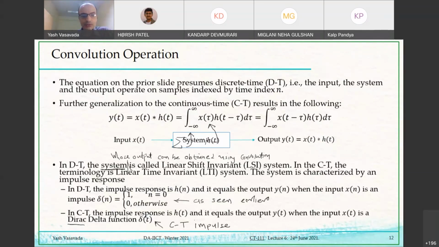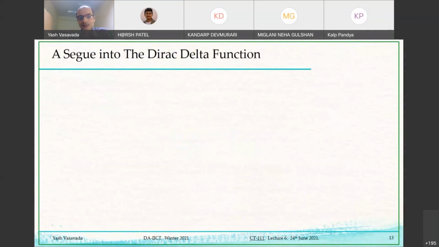And he was the one to possibly first formulate this Dirac delta function. Now, I want to take just a moment in formulating this delta function because it will help us later on. So we detour, segue into the Dirac delta function.